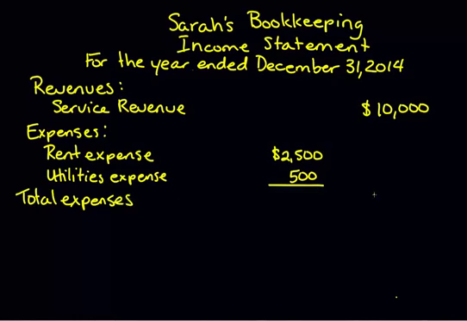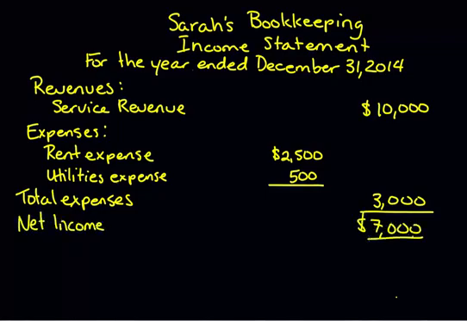In this case, Sarah has service revenue of $10,000, total expenses of $3,000 to give her net income of $7,000. And I'm just going to put a little star beside this $7,000 net income number right here, because you're going to see on the next statement we make, we are going to use this number. That's why it's very important that we make the income statement first.